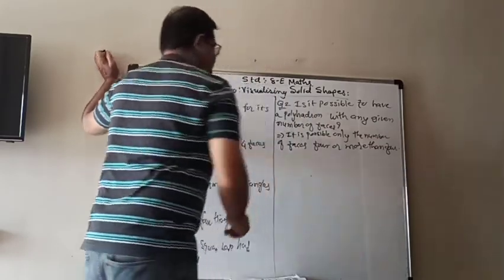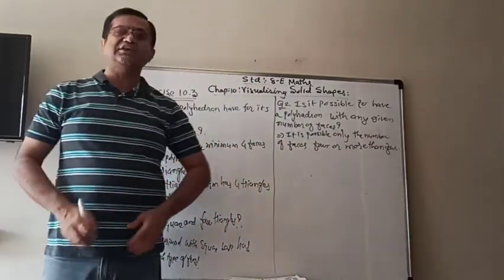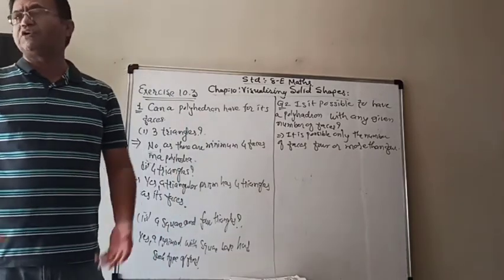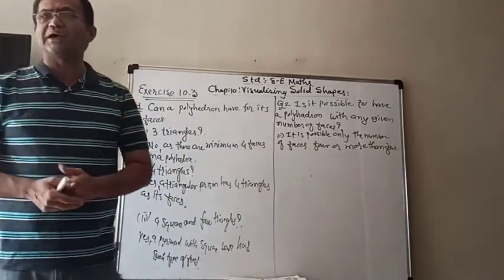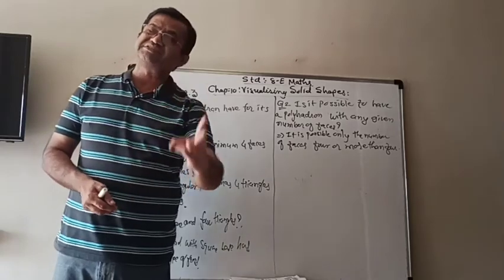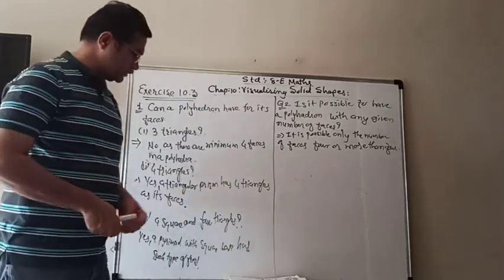Means if they ask about the polyhedron with 3 faces, we won't be able to find any polyhedron having only 3 or 2 faces.